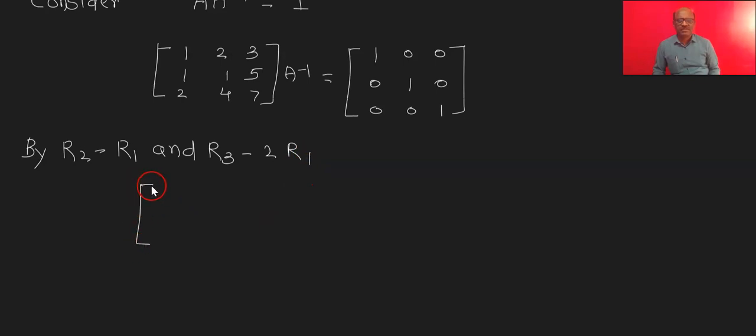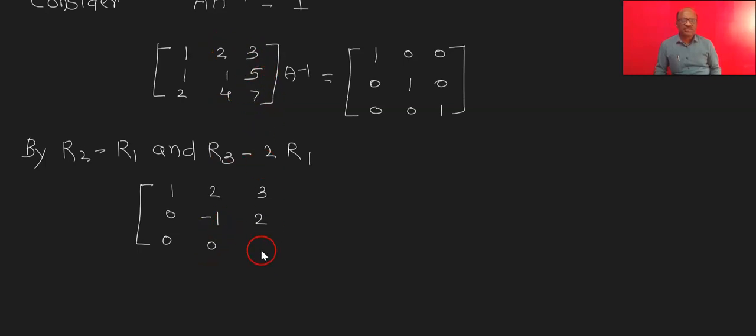Therefore here you will get, the first row is 1, 2, 3. Next is R2 minus R1, here is a 0, minus 1. Next is 5 minus 3, you will get 2. And last is R3 minus 2 R1, which is 0, 4 minus 4 is 0.